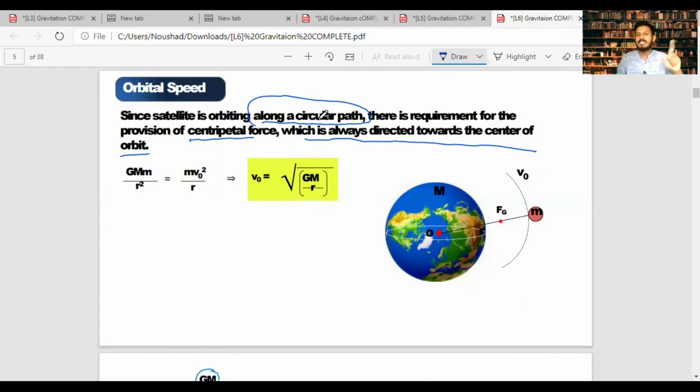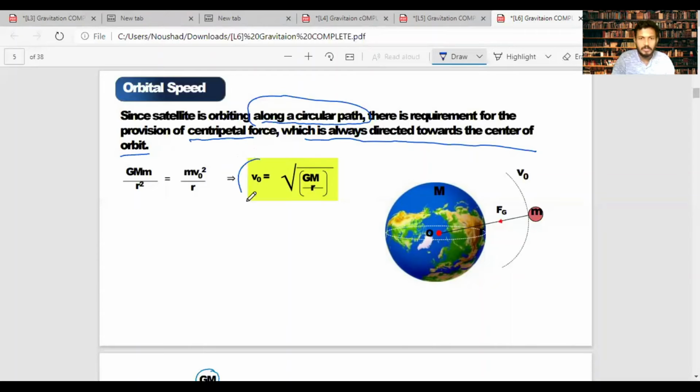Circular path means there is centripetal acceleration and centripetal force. We must overcome that centripetal force, otherwise it moves directly towards my center and collapses. It does not happen. Why? Because we give an orbital velocity to that satellite.